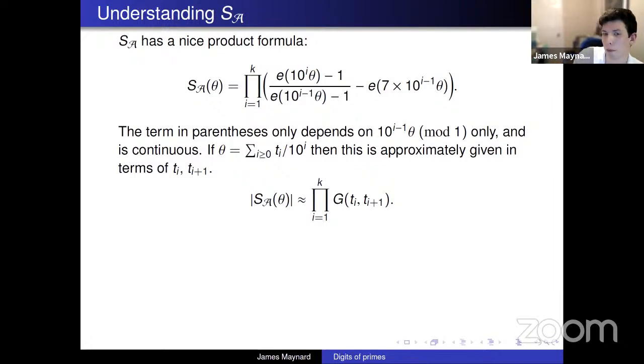So to a reasonable approximation, you could approximate it with a function that just depends on ti and ti plus 1. And so therefore, there's some explicit function g, and you can approximate the value of the Fourier transform at theta as this product where you're evaluating this function g at ti and ti plus 1, at 2 consecutive digits. So the first term just depends on the first and second digit, the second term depends on the second and third digit, and so on.